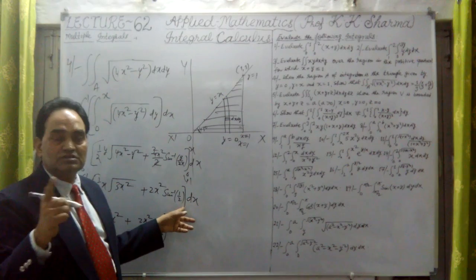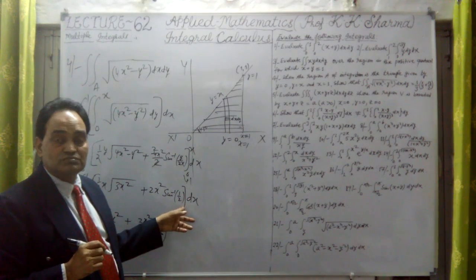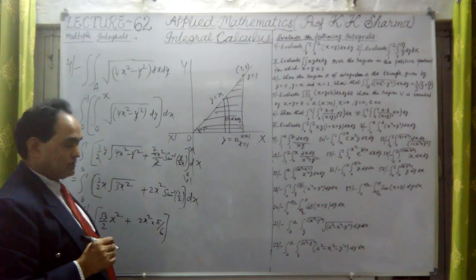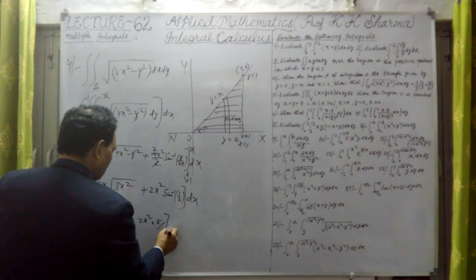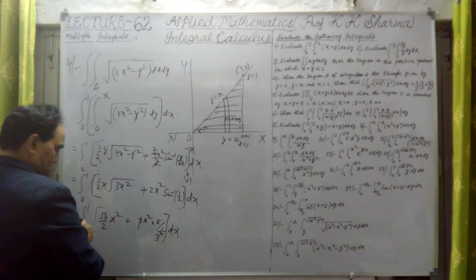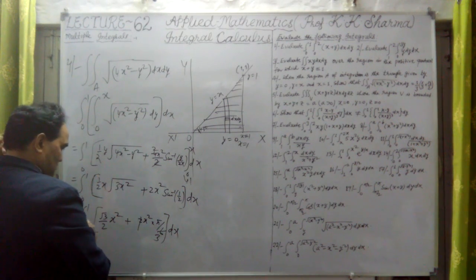Sine 30 degrees is 1/2, so sine inverse 1/2 is 30 degrees, that means pi by 6. Now into dx, will apply before that. Let me cut this. This is root 3 by 2.